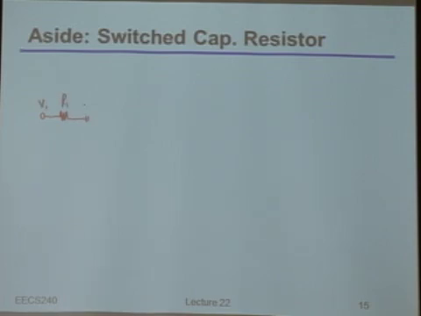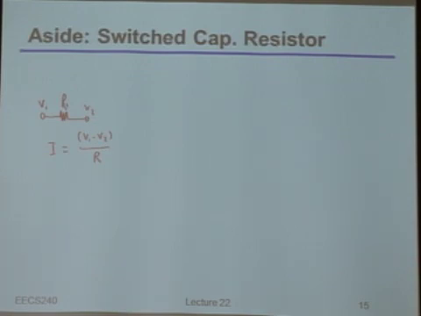Say we have a V1 and a V2, meaning we're applying a voltage of V1 minus V2 across this resistor. Then the current is just (V1 minus V2) over R. That's just by definition.